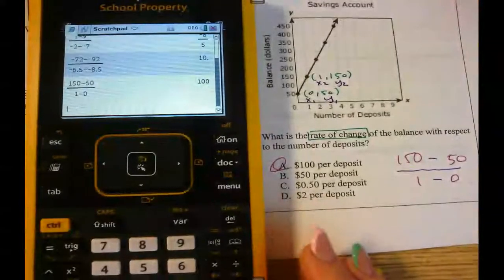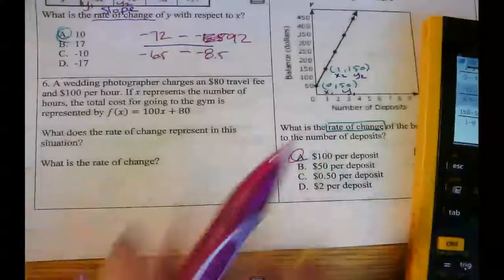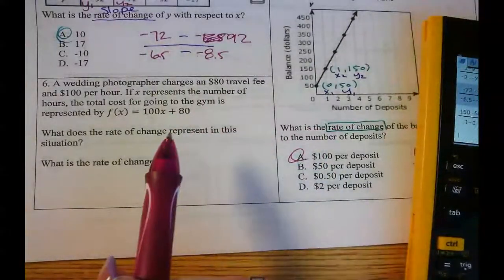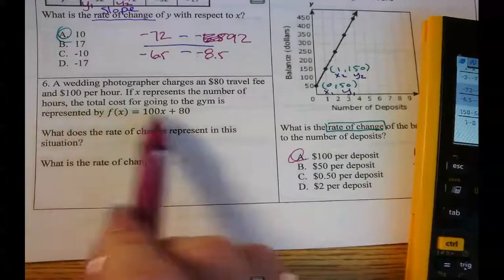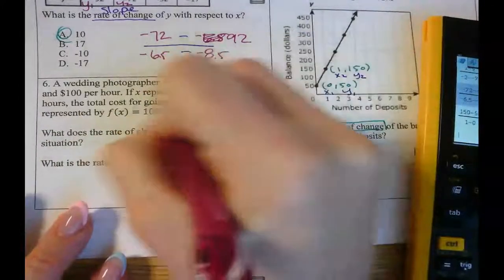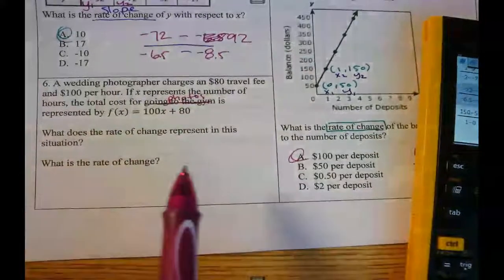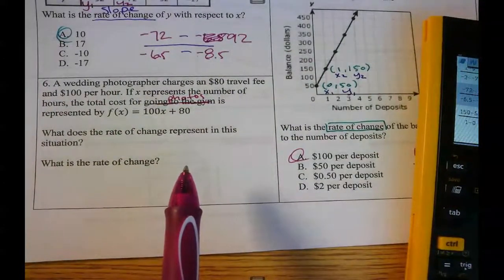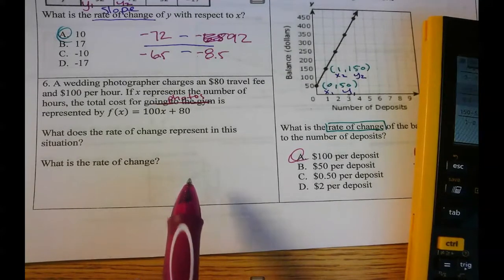So 100 per deposit. All right, this last question says a wedding photographer charges $80 travel fee and $100 per hour. If x represents the number of hours, the total cost for photos is represented by f(x) equals 100x plus 80. What does the rate of change represent in this situation, and what is the rate of change?